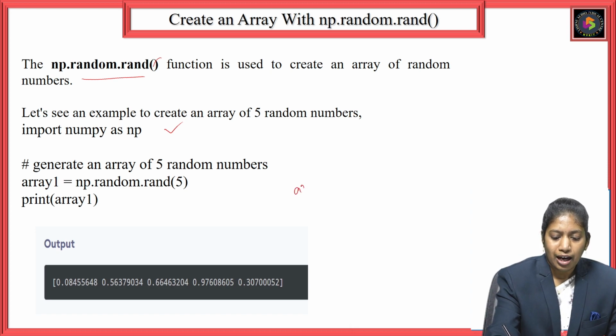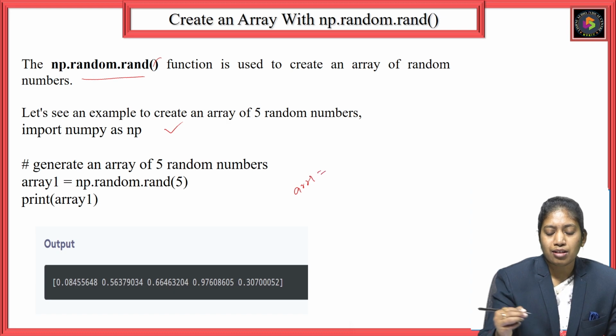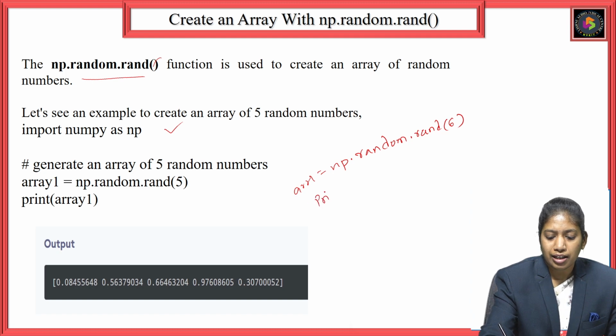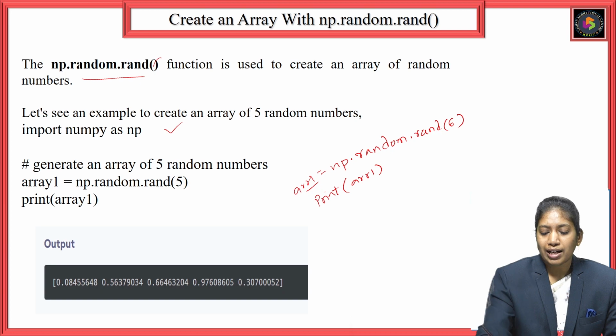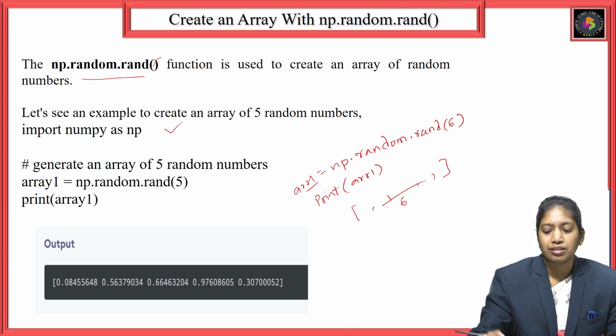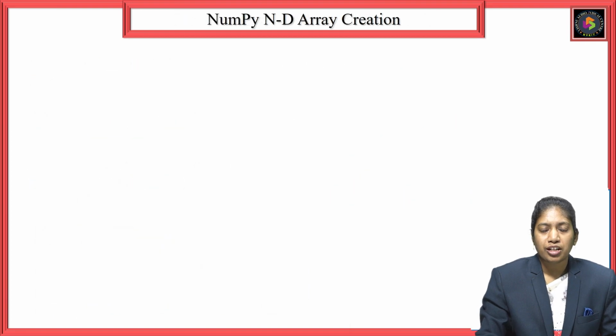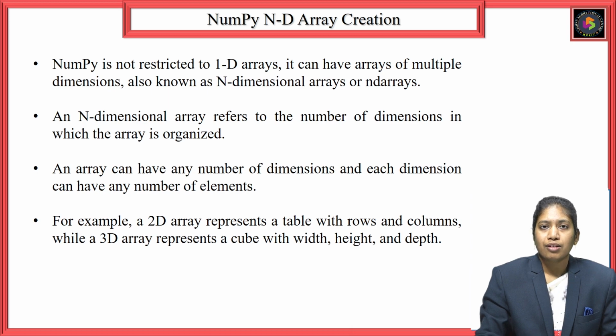Then I've taken a variable array1 equals np.random.rand of 6. If I mention this and print array1, I'll get 6 random numbers. So for random number generation also, the NumPy array is used.